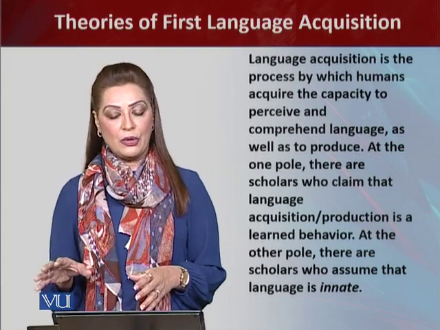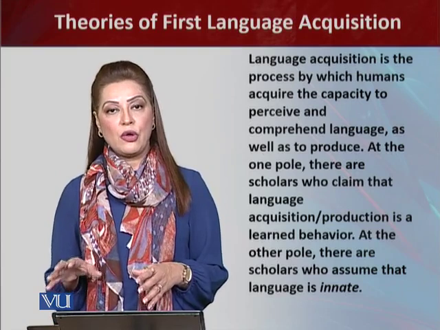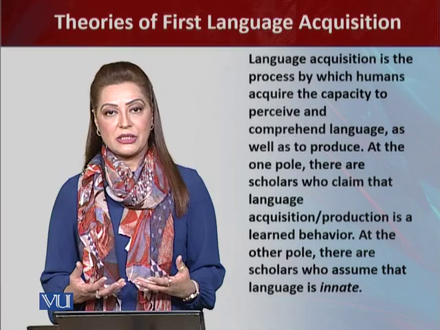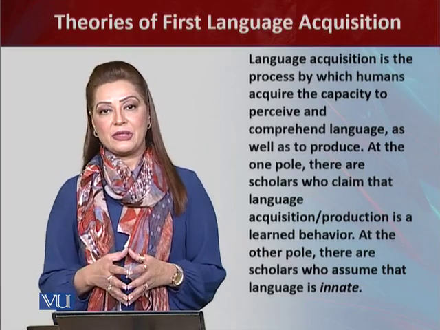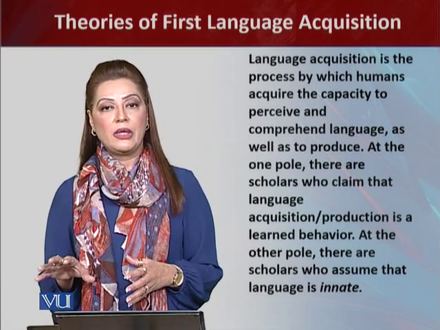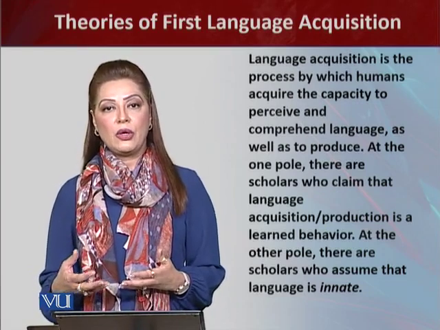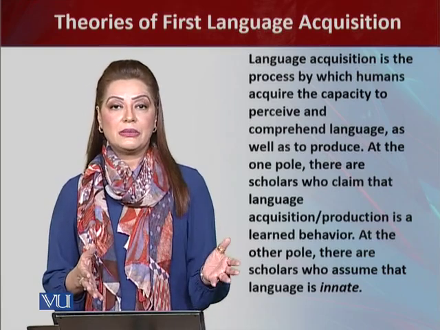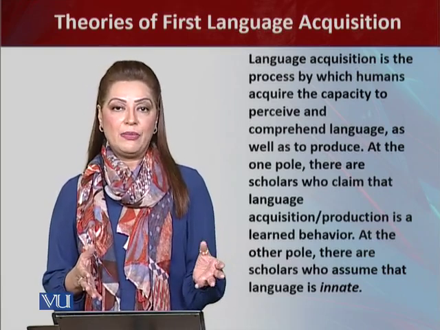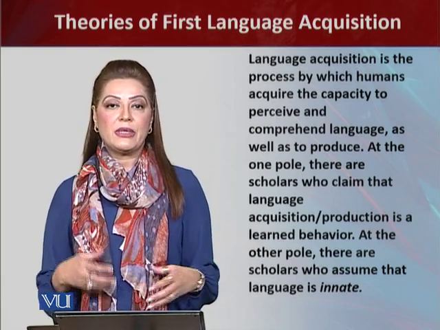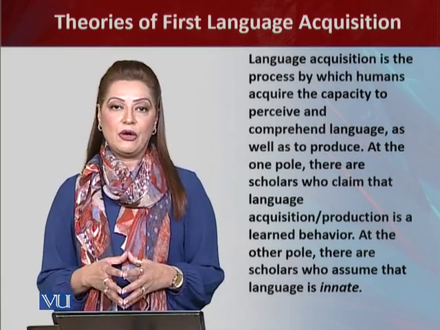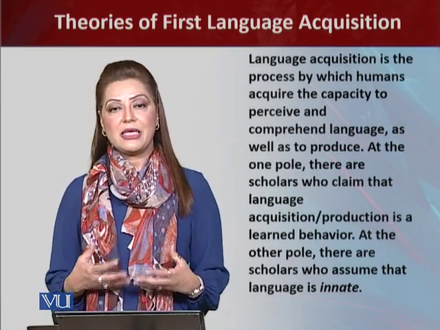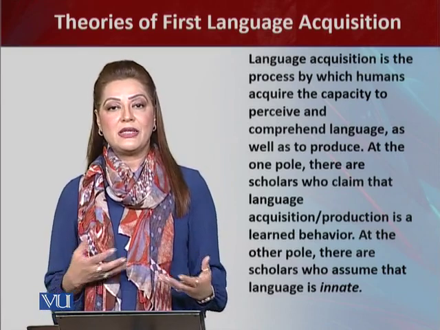At the other pole, there are scholars who believe it is a result of innateness, which comes from the school of nativists or cognitivists. Skinner is the important name in behaviorism and Noam Chomsky in the domain of innate ability. So let's discuss these theories and see how they are different from each other.